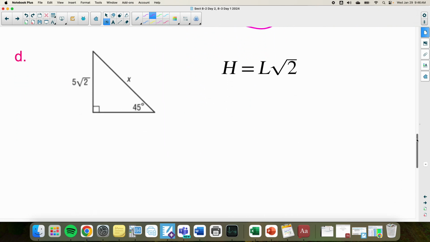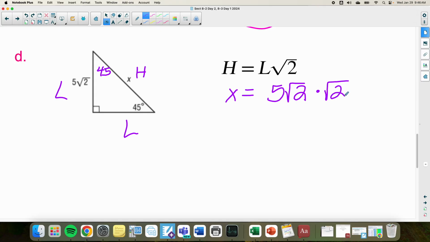All right, now let's look here. Again, 45, 45. So these are my L's. This is my H. And in this one, I know the L. So H would be X. And then I have 5 root 2 is my L. And notice I have to multiply that by root 2.